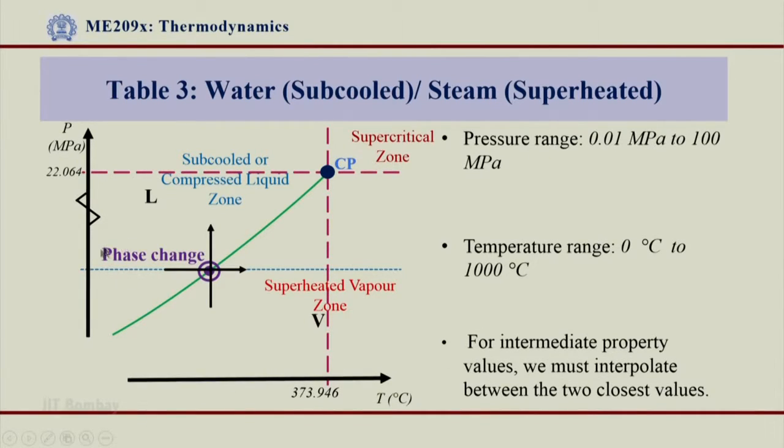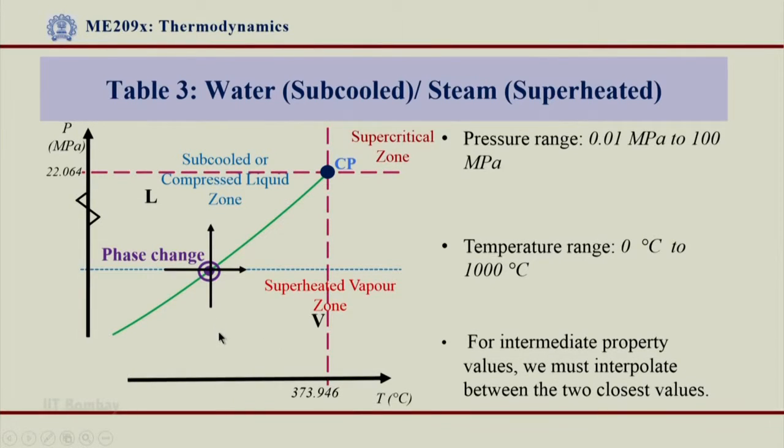So if I am from a subcooled region, if I go on increasing the temperature, I will get a phase change, or if I am in a superheated vapor zone, if I go on increasing the pressure, I will come across a phase change, and this will happen when the temperature is less than critical temperature, alright. Superheated vapor zone, when the temperature of the state is less than critical temperature.